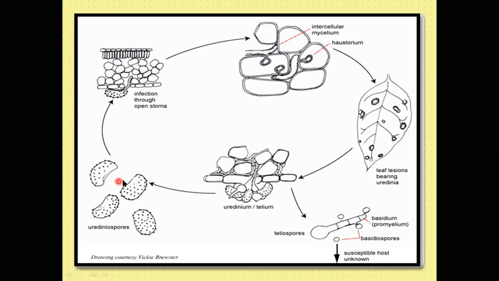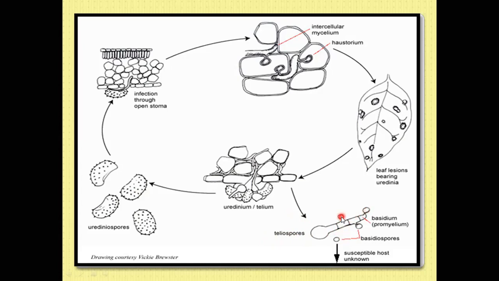After forming the uredopustules, these become telio pustules. These telio pustules have the teliospores, and the teliospores are always thick walled, smooth and turnip shaped. On germination of these teliospores, the basidium is produced, which bears 4 basidiospores.